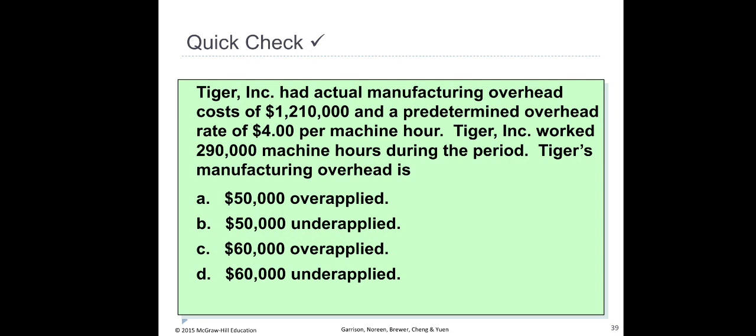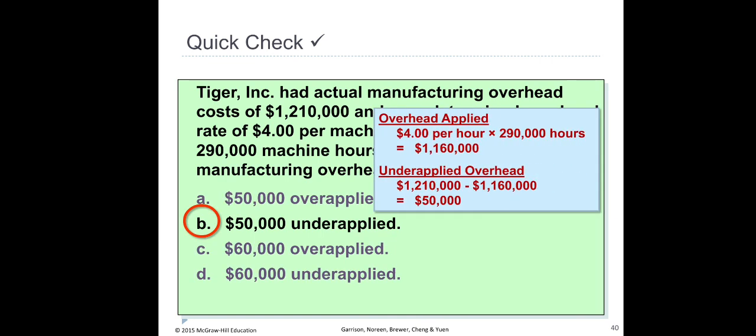You use what you have seen in the previous slide. First, you have to look at the data here. The first data you can see is the actual manufacturing overhead, $1,210,000. So the next thing to do is calculate the total applied overhead during the year.